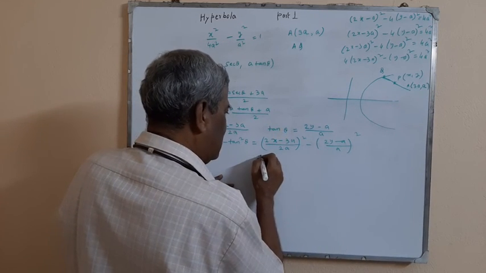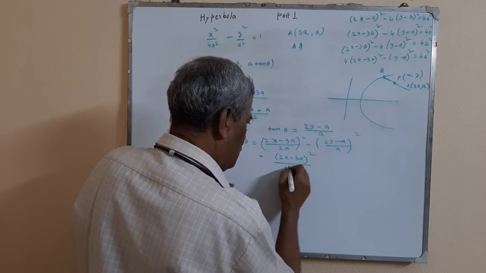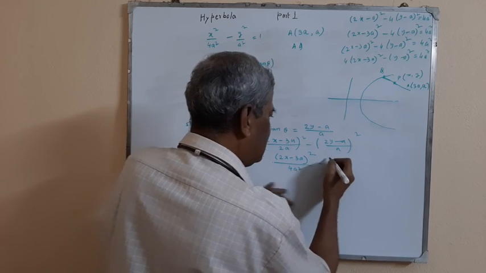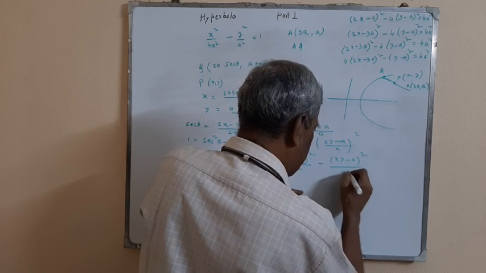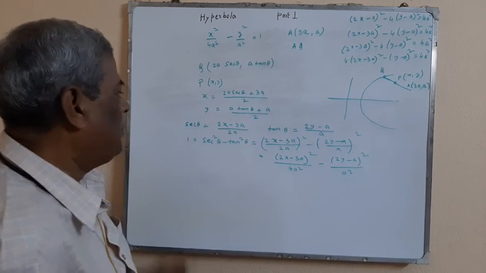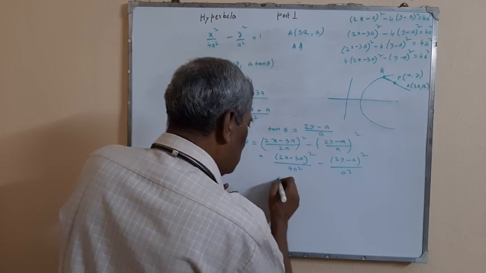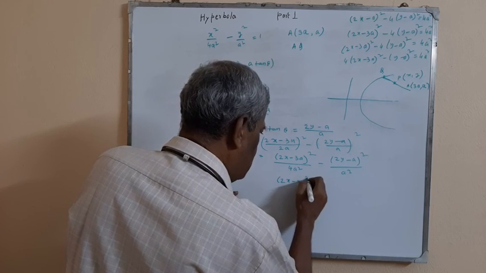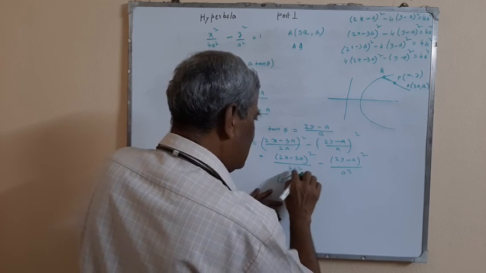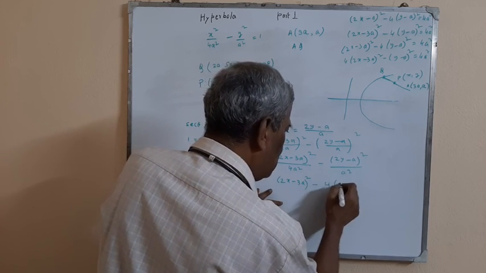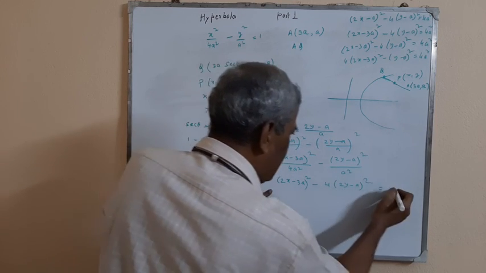So that we get 2x minus 3a whole square by 4a square minus 2y minus a whole square by a square. Now multiplying left side and right side by 4a square, we get 2x minus 3a whole square minus 4 into 2y minus a whole square is equal to 4a square.